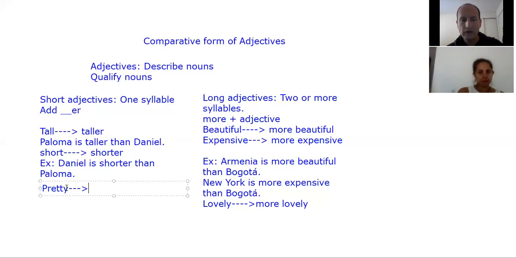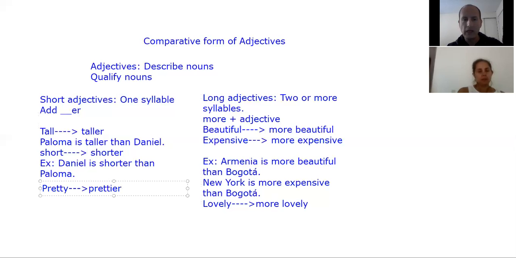Generalmente de 2 sílabas son aquellos que terminan en Y, ¿cierto? Como pretty, aunque hay algunas excepciones. Hay algunos que se pueden usar ambas. Pero pretty, en este caso, you change Y to I, entonces cambias la Y a latina and add ER: prettier.